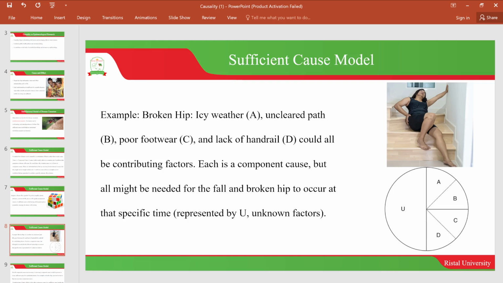So there are several factors, and each factor is what we call a component cause. So if you have all these factors combined, resulting in a disease or an event, which in this case is a fall, then you basically have the sufficient cause. You're guaranteed that indeed the fall will happen and you get a hip fracture.